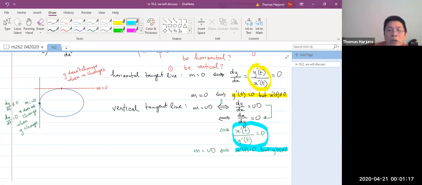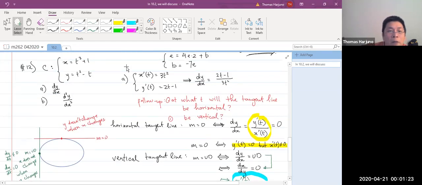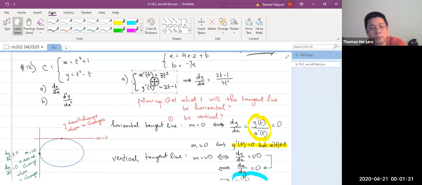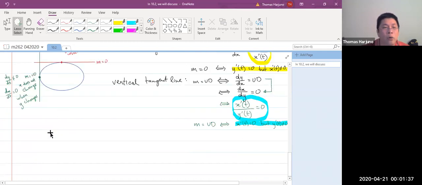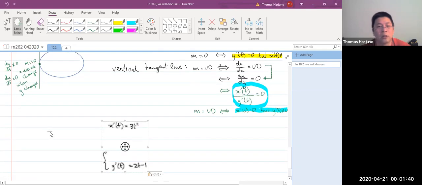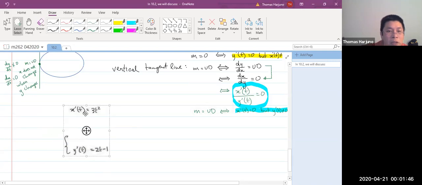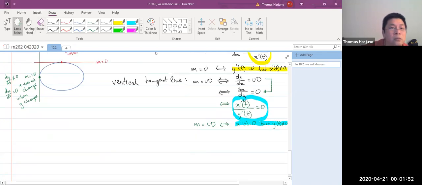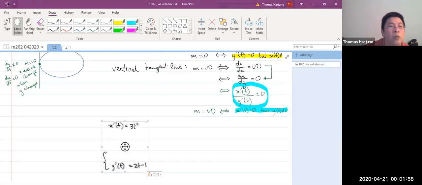Okay, now, so let's look back to our question. We have this derivative of the parametric function. Let's find the coordinate where the curve has a vertical and horizontal tangent line. Oops, what happened? Anyway, I write it here.